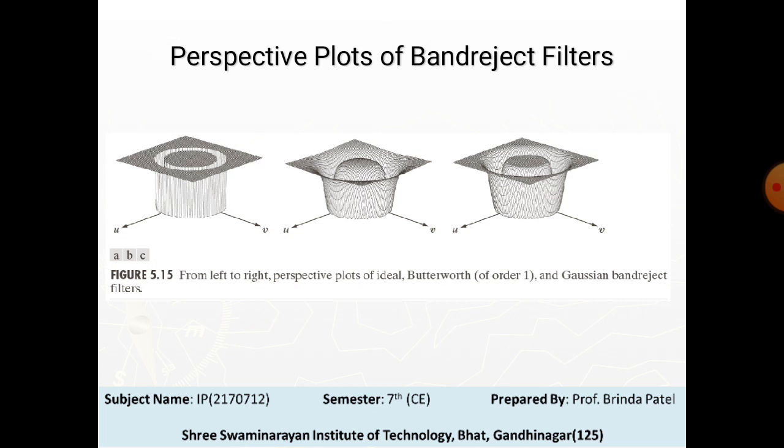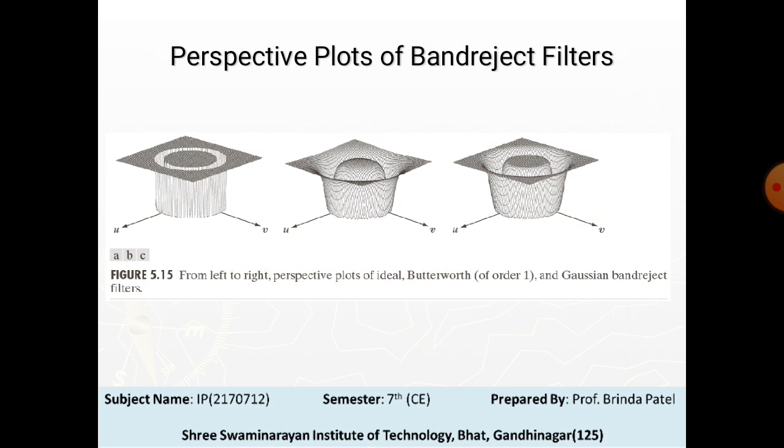The transfer functions of ideal, Butterworth or Gaussian band reject filters were introduced in chapter 4. It shows the perspective plots of these filters, and the following example illustrates using a band reject filter for reducing the effect of periodic noise.